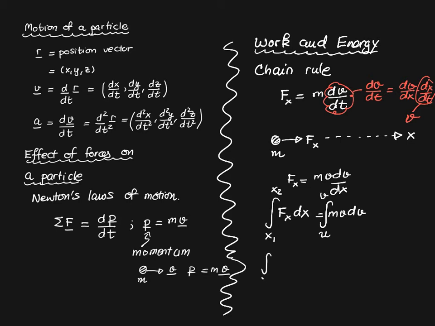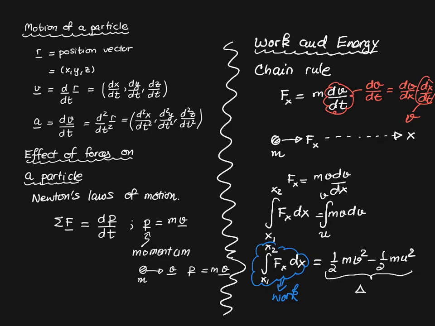You see that on the left hand side we have the integration of Fx dx, and this integration we call work. Then the integration on the right hand side is simply 1/2 mv squared minus 1/2 mu squared, and this is the change in kinetic energy.